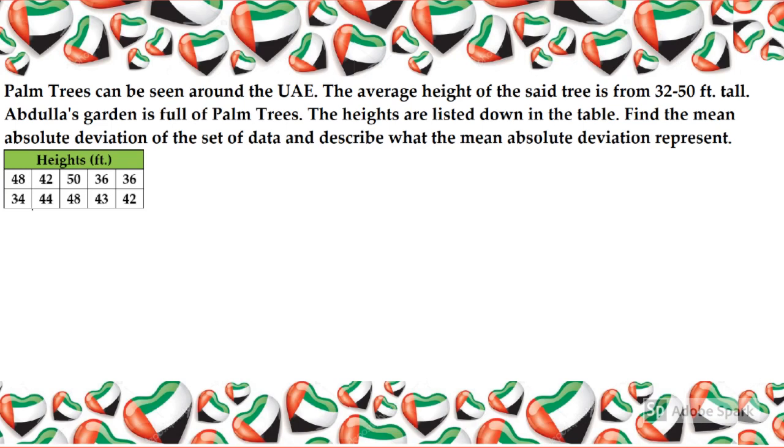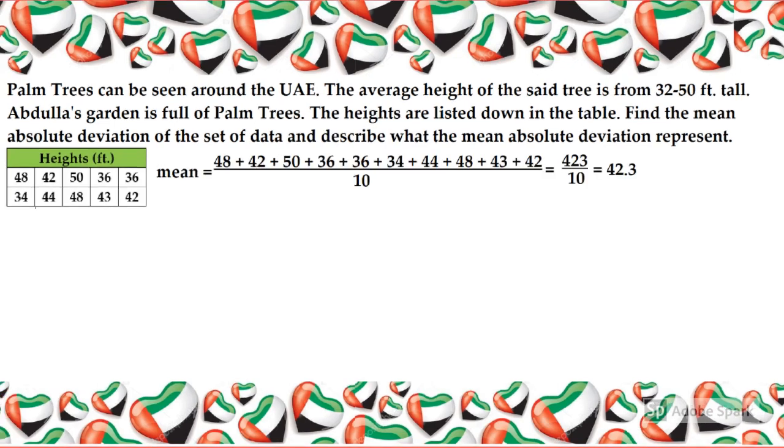There are 10 palm trees that were measured, and the heights were 48, 42, 50, 36, 36, 34, 44, 48, 43, and 42. What are we going to do?